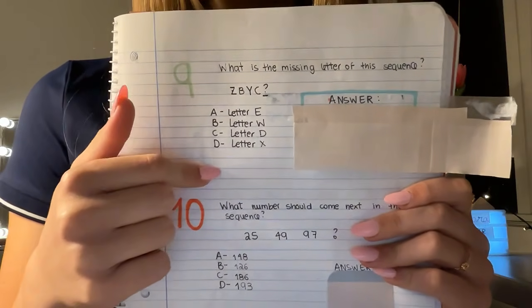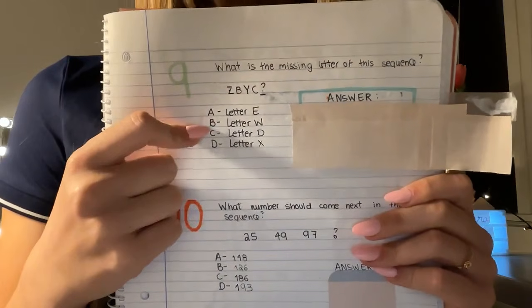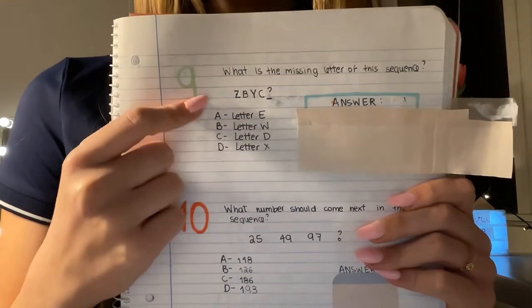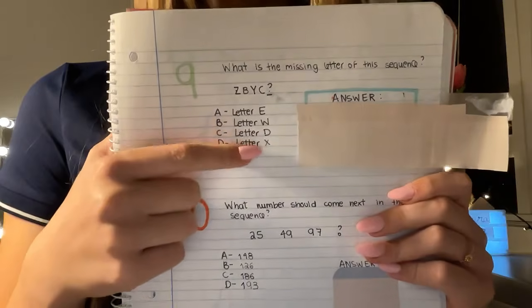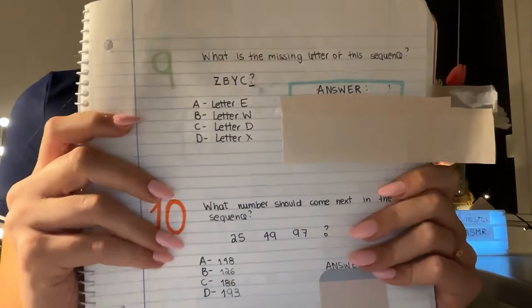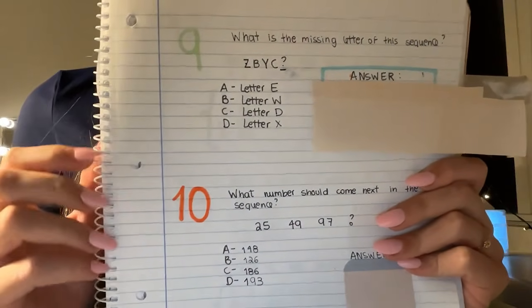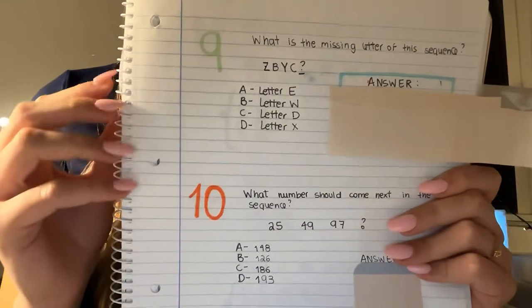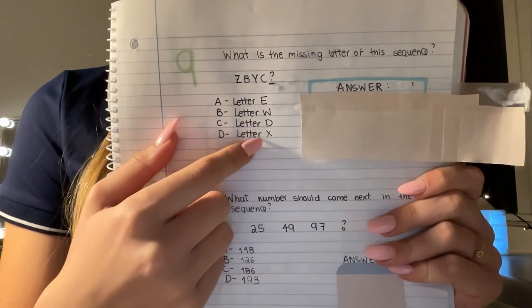So we have 4 options. Option A is letter E, option B is letter W, option C is letter D, and option D is letter X. So take a look at the sequence and tell me, what do you think is the letter that should come next? E, W, D, or X?